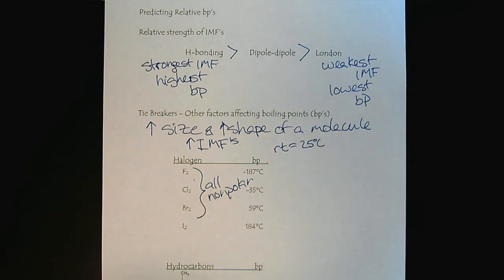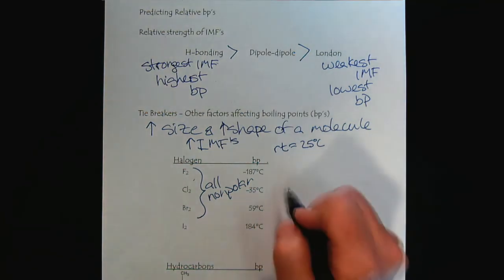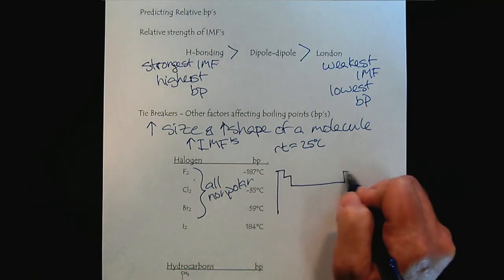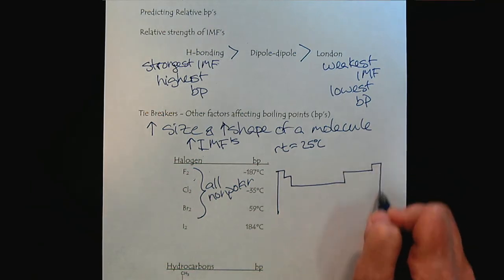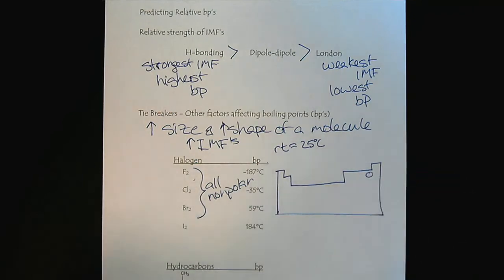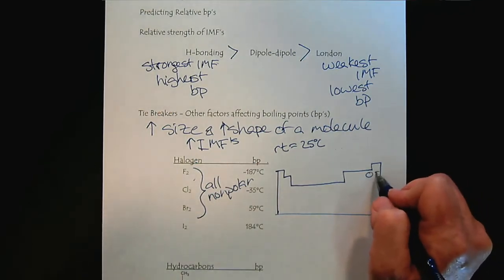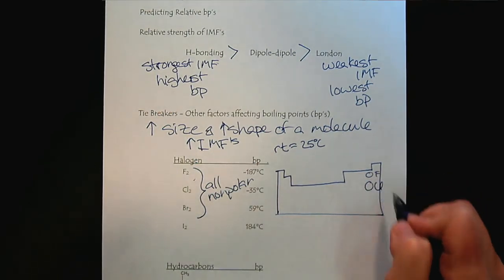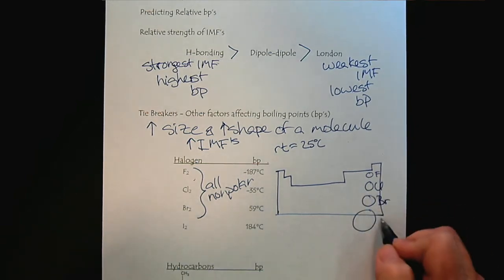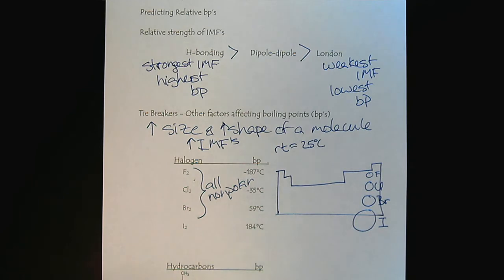So, why do we have these different physical states when they're all nonpolar? So, let's think about what we know about atomic size and how it changes across the table, right? So we remember that fluorine will be the smallest, and then chlorine is larger, bromine is larger, and then iodine would be the largest.